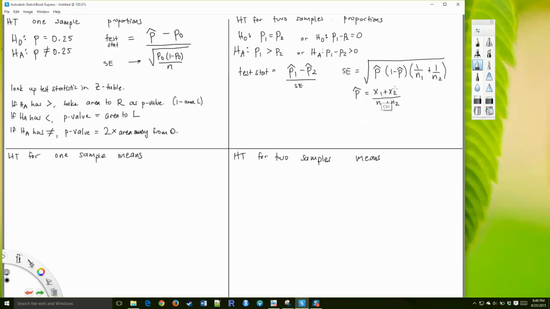Sorry, let me just rewrite that a little bit bigger. So it's not p hat 1 and p hat 2 in the standard error. It's p hat times 1 minus p hat, and you've got to figure out p hat like this. Find the p-value the same way as over here. You take the p-value from the z table, same way.